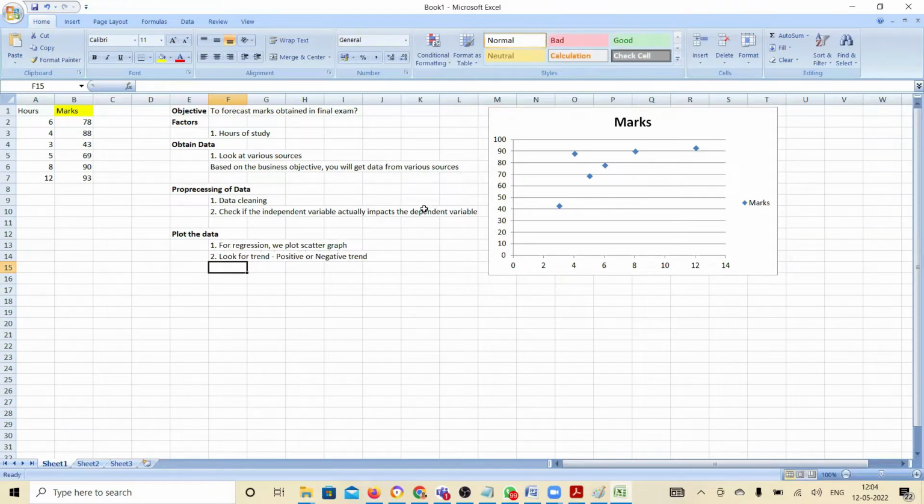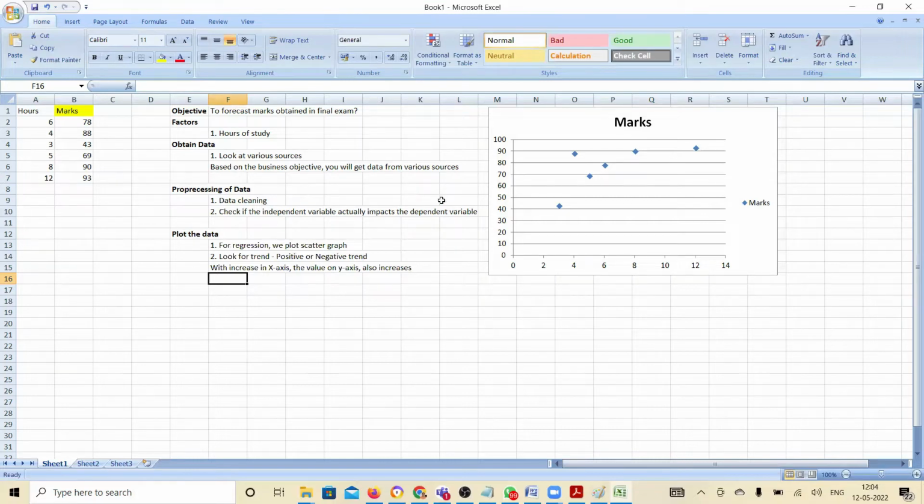In correlation, positive trend means what? With increase in x-axis, the value on y-axis also increases. Right?